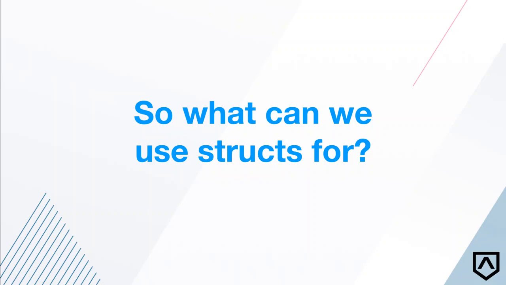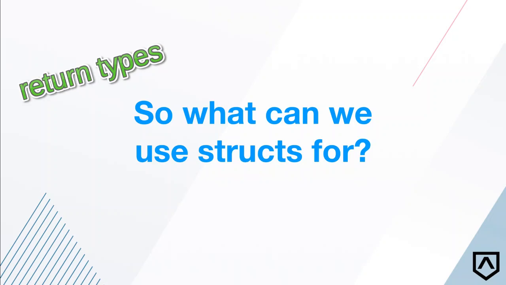So to kind of recap, what can we use structs for? We know we can use them to model more complex things that we can't maybe represent with a string or an integer, or we have a mix of types. So we can't put all of this into an array. We can define structs and then create different functions that return those structs.